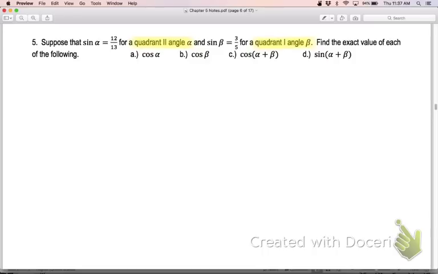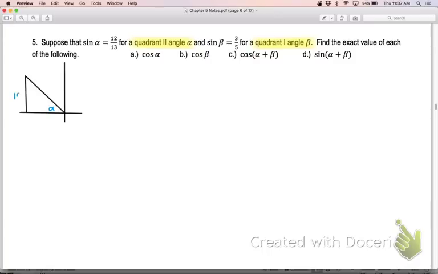And since we're in quadrant 2, I like to go ahead and set up my picture according to what that would look like. So quadrant 2 is going to be over here like this. So I'm going to be looking at some right triangle over here in quadrant 2.